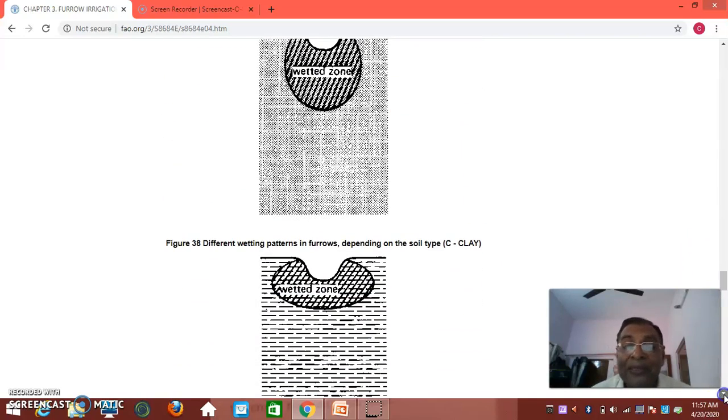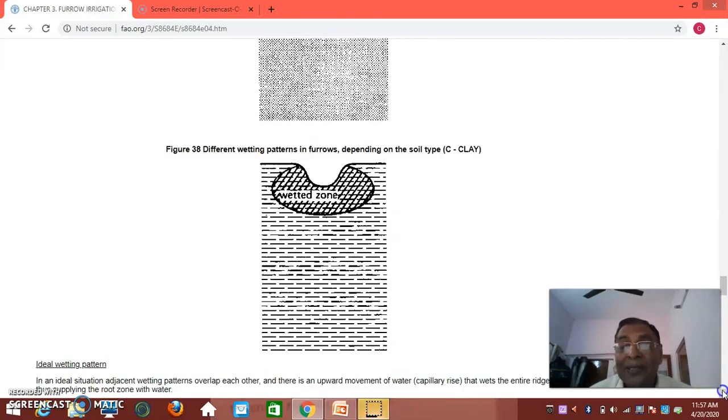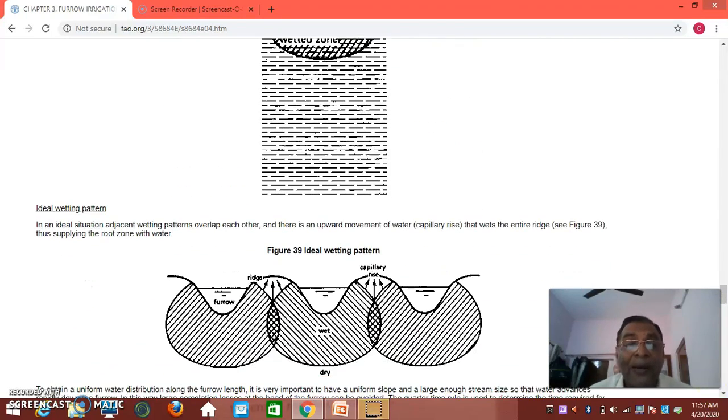Similarly, in clayey soils, the wetted zone increases further, and there is somewhat of an overlap from the side furrow, so you can put double ridges.